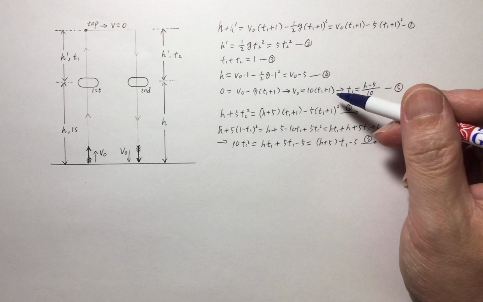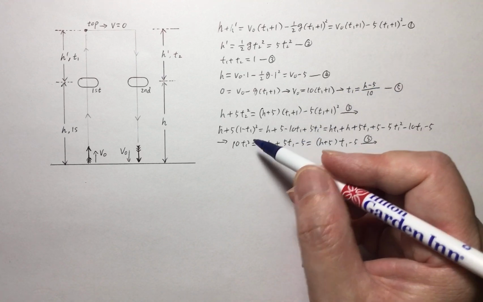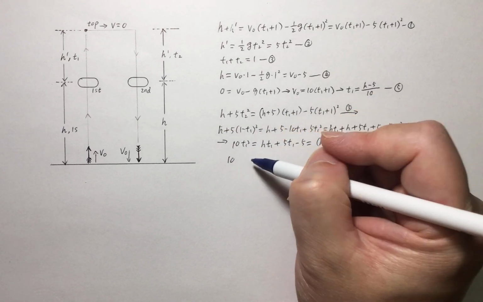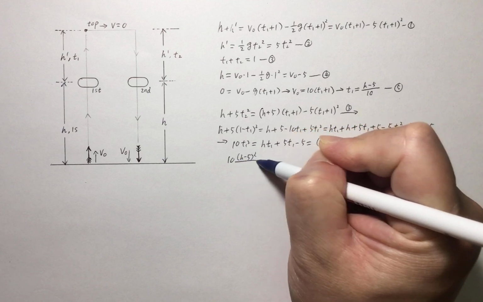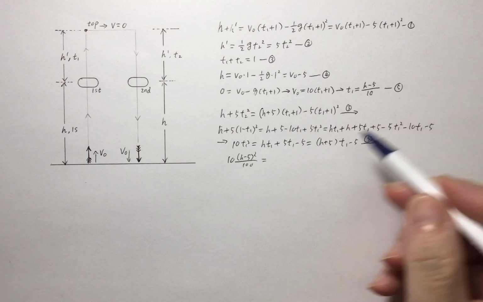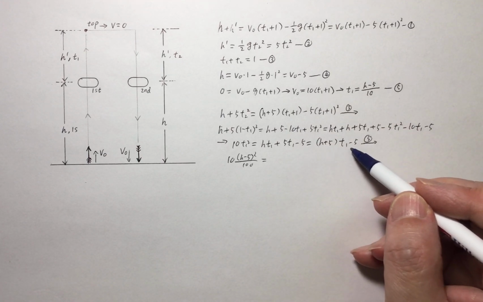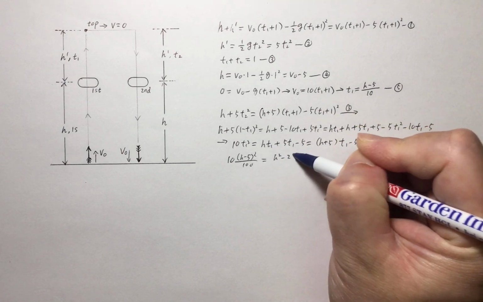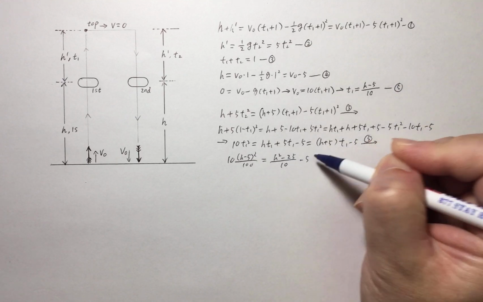So we get 10 times (h minus 5) squared over 100 equals, putting t1 here, (h squared minus 25) over 10 minus 5.